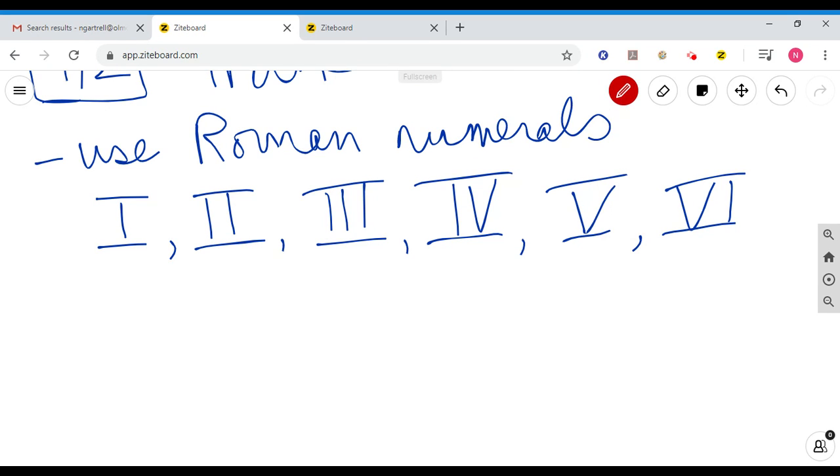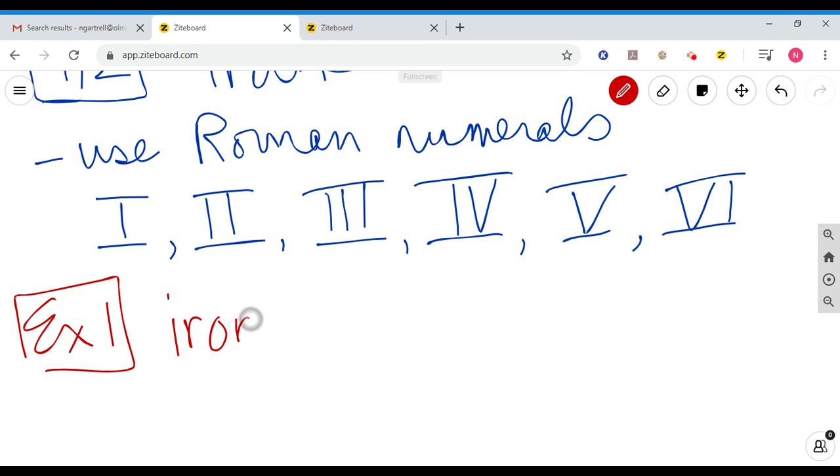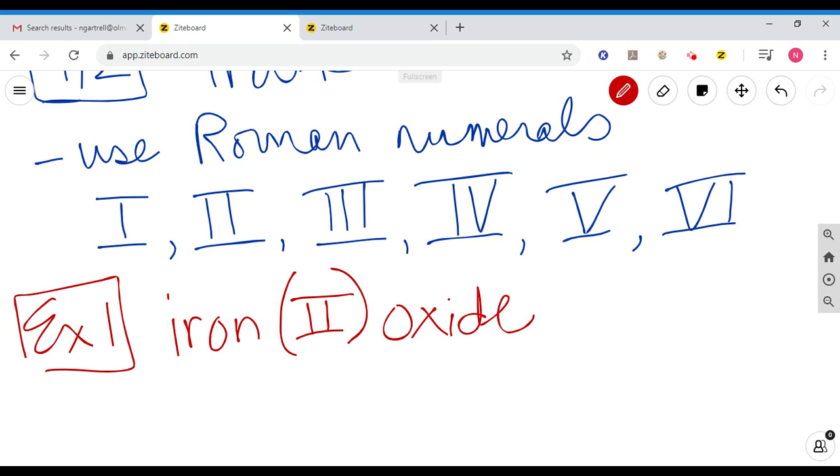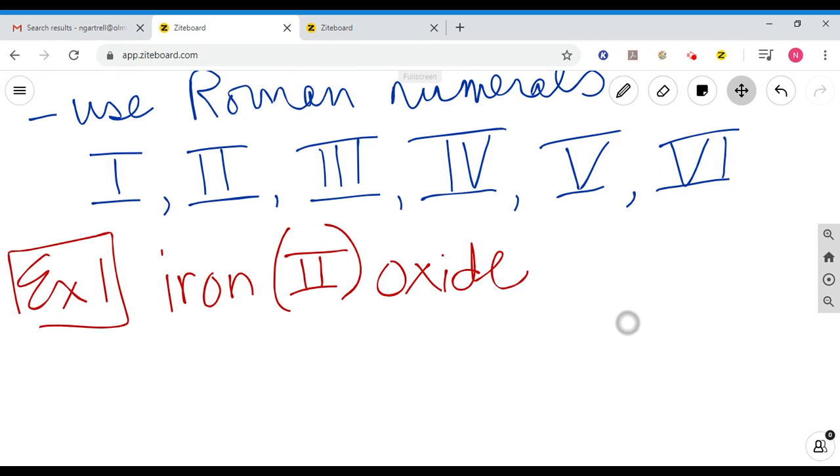So the first example, let's do iron, parentheses, with a Roman numeral, oxide. The first one is still your metal, your cation, and what you're going to do is look at the Roman numeral.